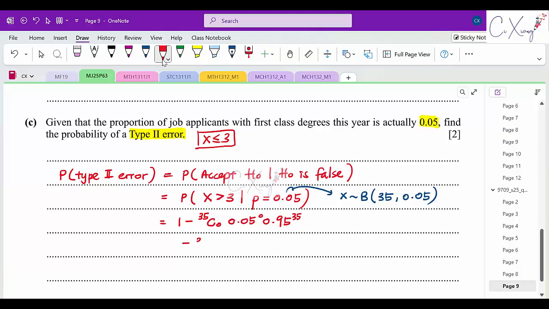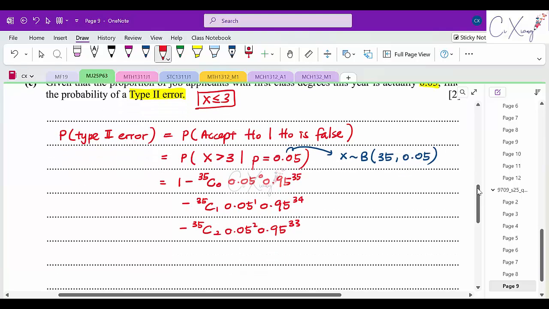We also have to minus x equals to 1. Minus x equals to 2. Then also minus x equals to 3.